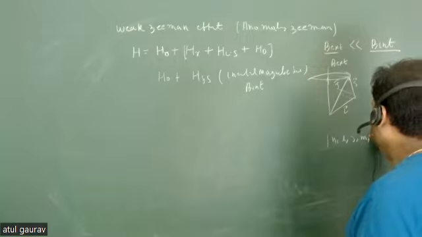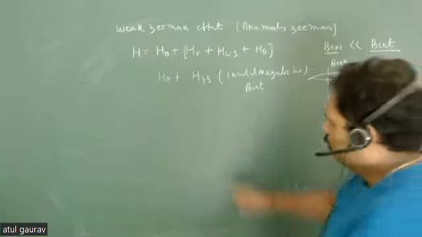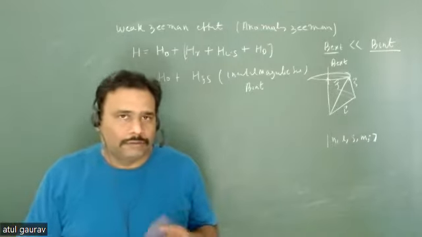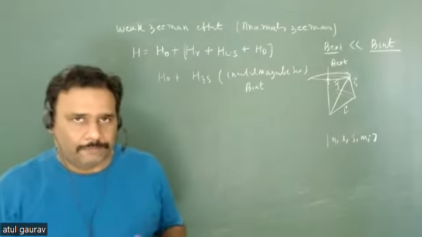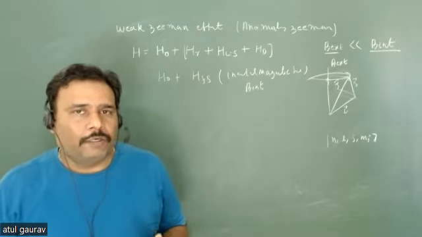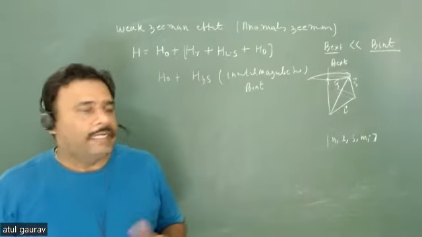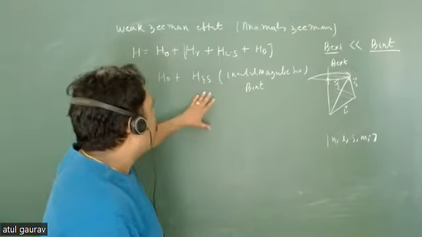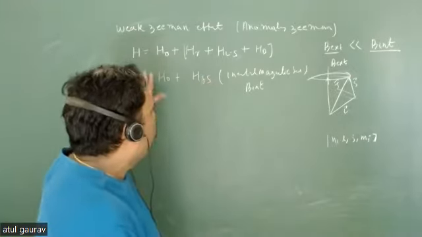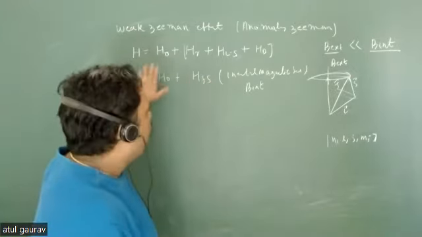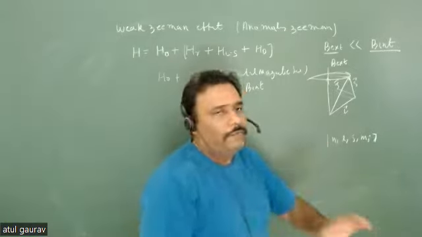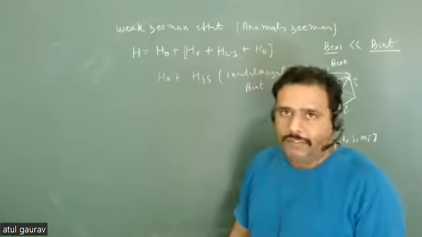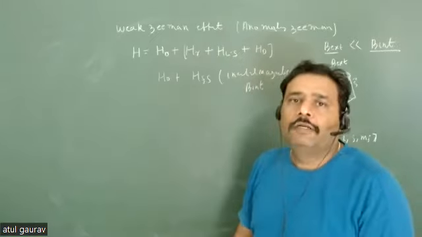Are you getting my point? क्योंकि fine structure के अंदर क्या आता है? n और j? Yes. Are you getting my point or not? n and j will come into the picture, and you will see that L square is going to commute with this thing. So if L square commutes with this thing, then l will also be a good quantum number. But S is not going to commute with this thing, so obviously this is not a good quantum number.